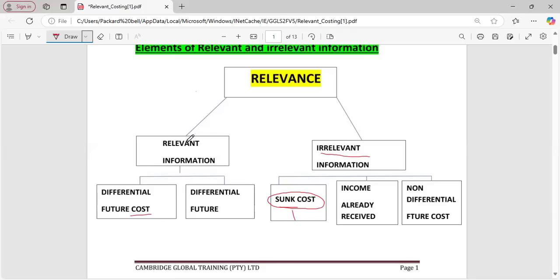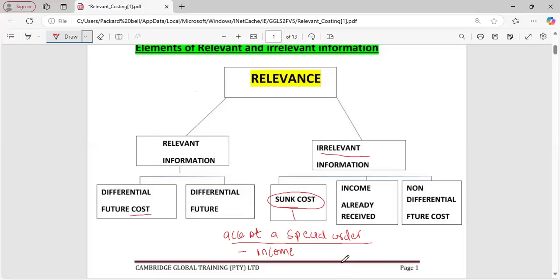So that's basically relevant cost. When you are doing your questions on relevant cost, look at the decision. What is the decision? Let's say our decision is to accept a special order. That's our decision. Then when you are doing your relevant income and your relevant cost, you look at if we accept the special order, what is going to be the income?